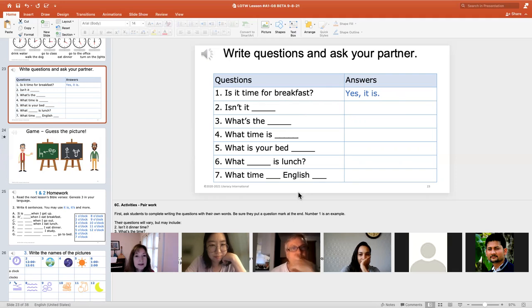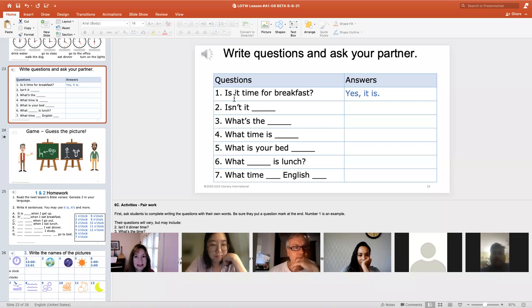And so they're going to basically create a little questionnaire, and each student can use different words in here. And so when they go to ask the questions to their partners, these are going to be possibly different questions that they're asking one another.